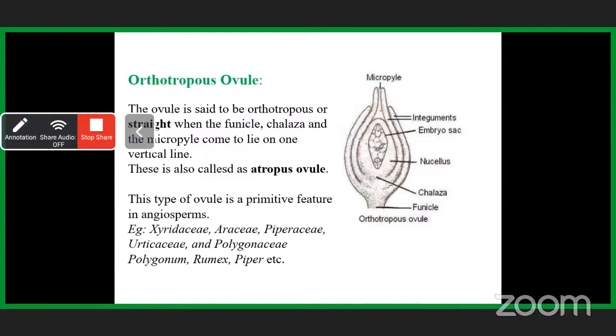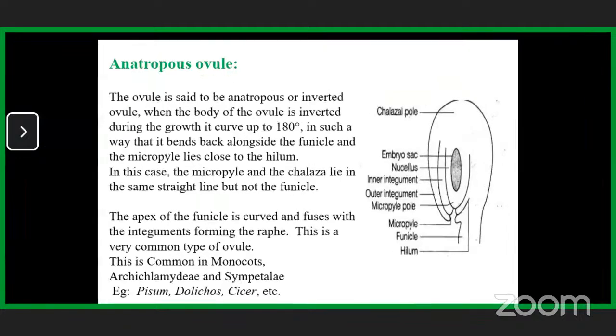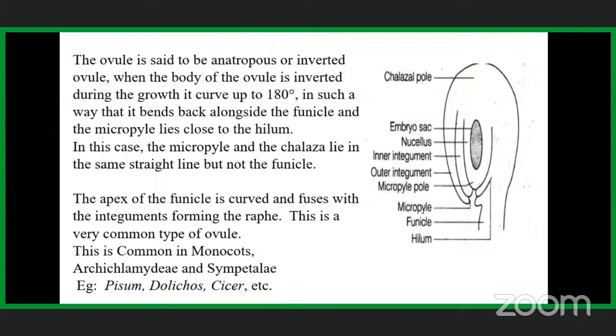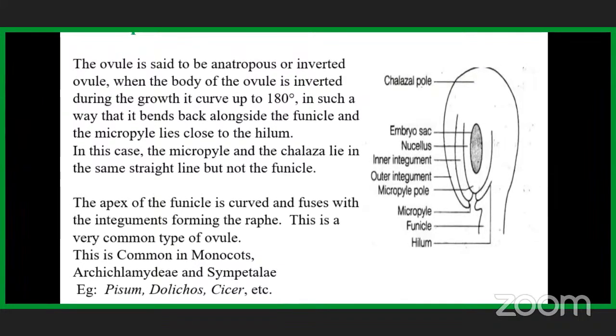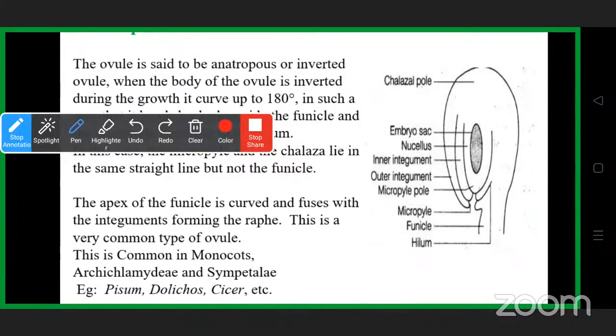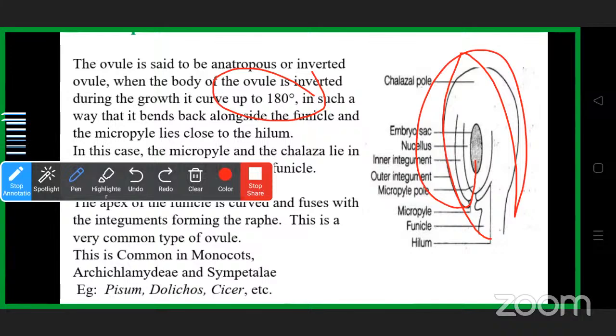Okay, and then the next is the anatropous ovule. What happened in the anatropous ovule? The ovule is curved 90 degrees, and then totally it curved into 180 degrees. The stalk is turned down. Upper part will go down, down part will go up. 180 degrees, half of the circle.